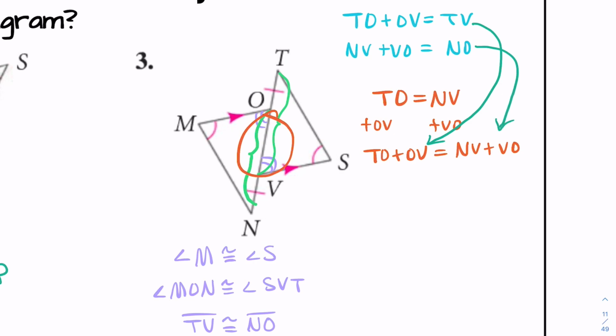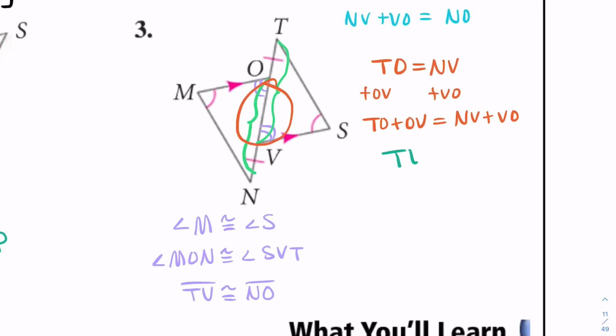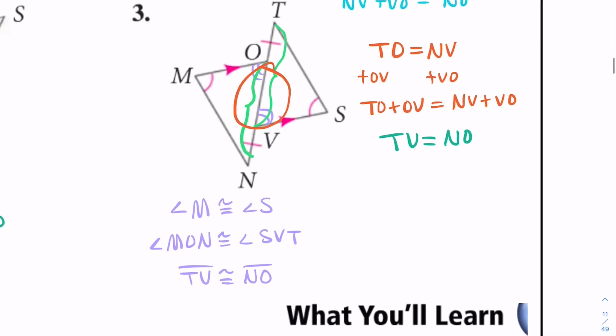I can substitute in NO. So I'm just using my segment addition postulate. So I get TV is equal to NO. Therefore, if it's equal to it, TV has to be congruent to NO. And there we are. And that's where I got that statement from.